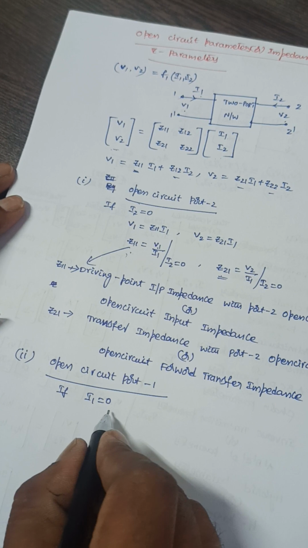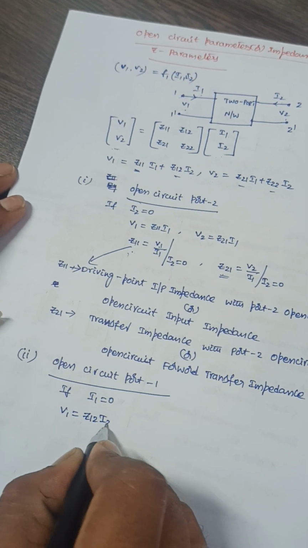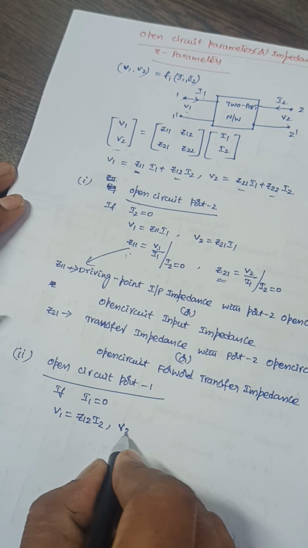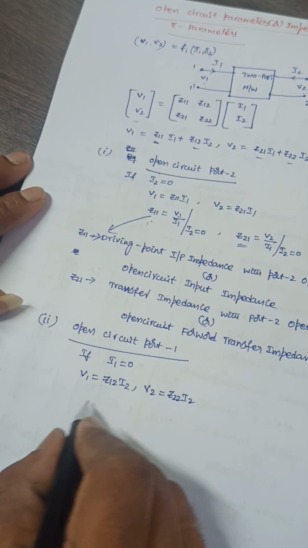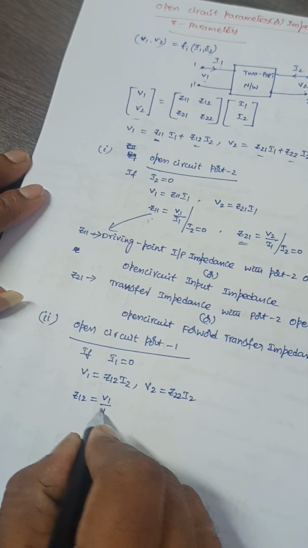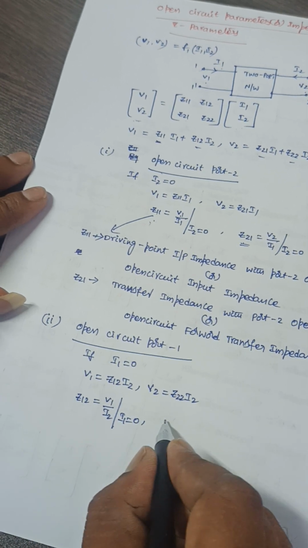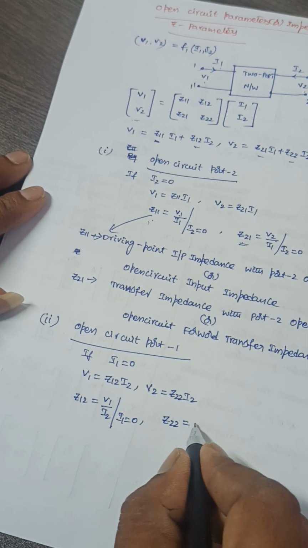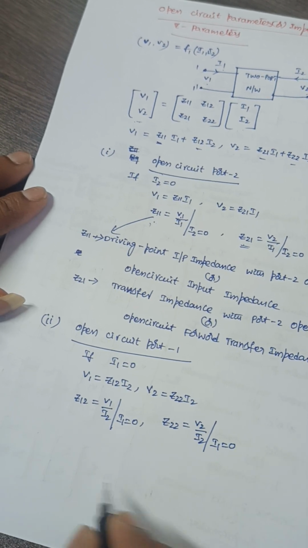So Z12 is V1 by I2 with I1 equal to 0, and Z22 is V2 by I2 with I1 equal to 0.